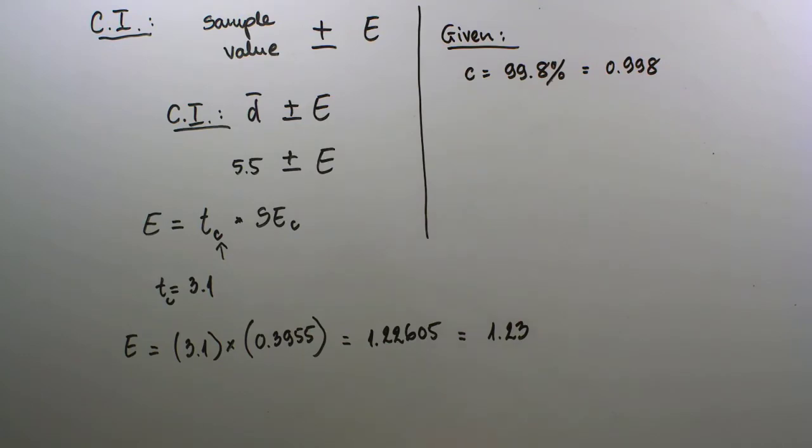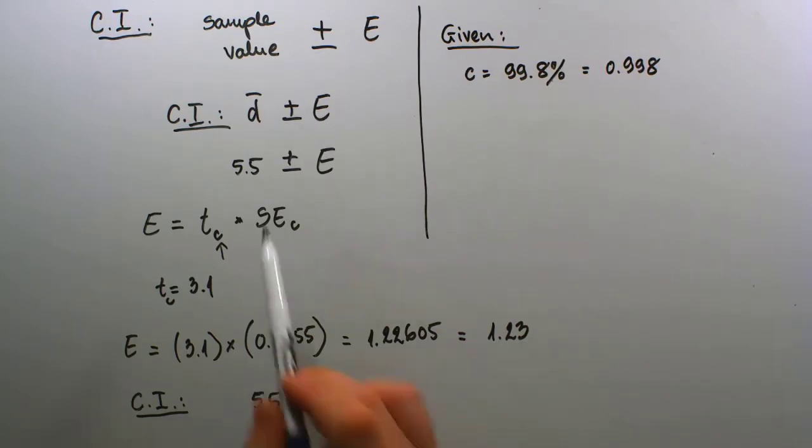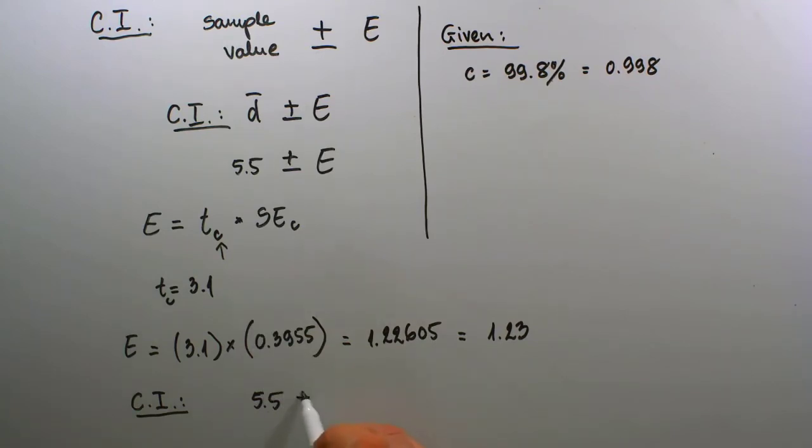And that now means our final confidence interval is found as follows, from where our sample value, being the sampling difference 5.5, we are going to add and subtract from it 1.23. And this is our confidence interval. This is the margin of error.